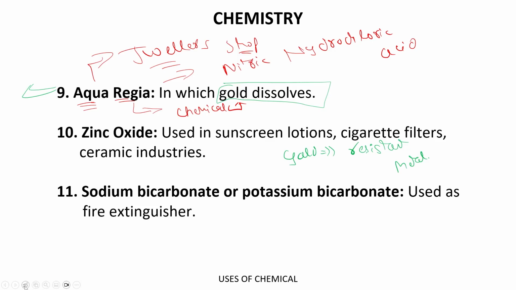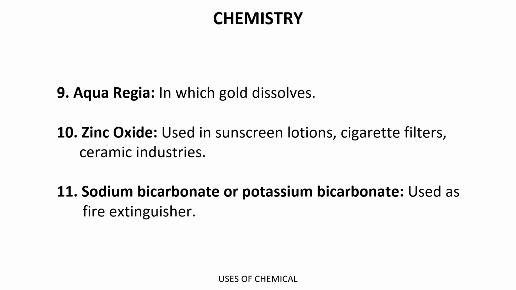All right. Thereafter, we have another one which is zinc oxide. It is used in sunscreen lotion. Basically, it is a sun cream lotion. Thereafter, cigarette filters and the ceramic industry.